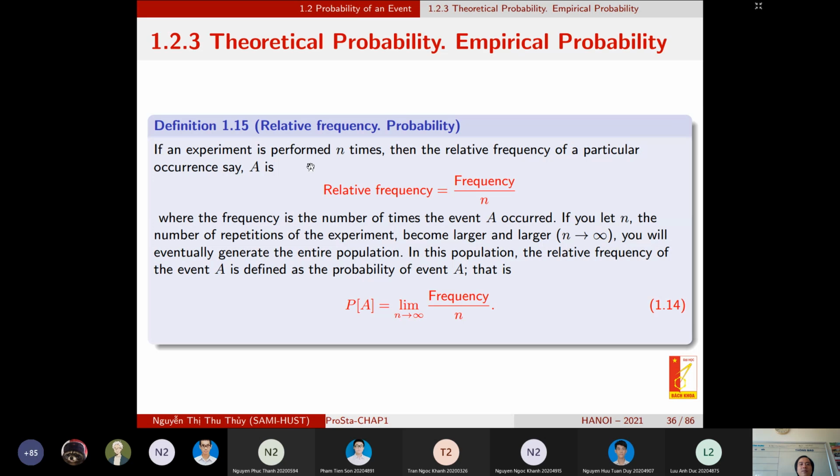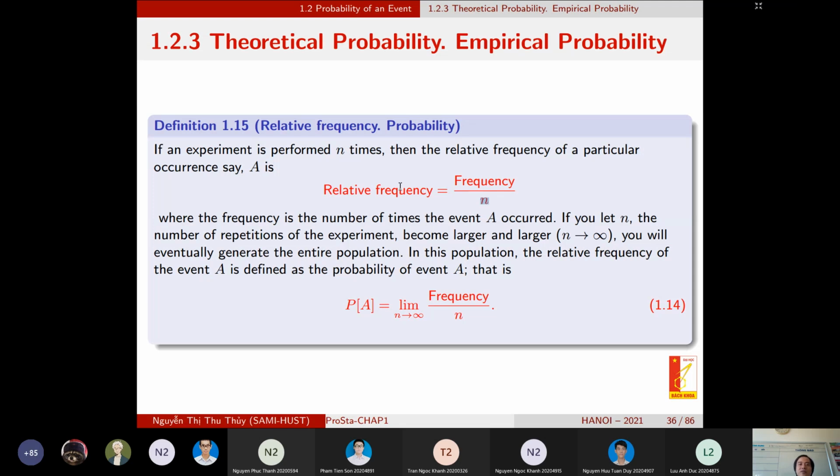If an experiment is performed n times, and we count the number of times that the event A occurs, we call that the relative frequency of A. What is the relative frequency of A? It equals the number of times A happens divided by the size of the sample space.